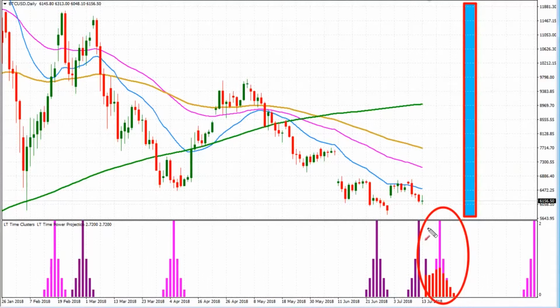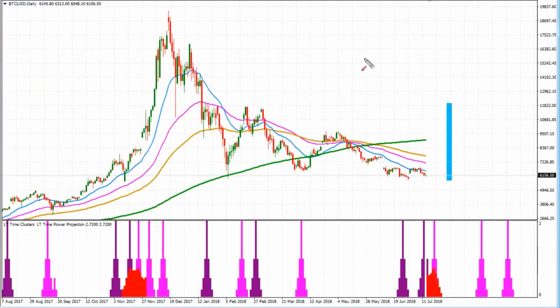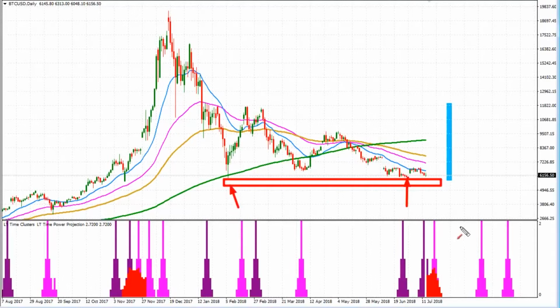Again, as I mentioned, these indicators are non-directional, but you can certainly use them to find some kind of direction. We know, for example, that we are at a major support level. We are at the February-April lows, these significant lows near the 6,000 level. And guess what? We're approaching time resistance. So now we have two important levels: price support, and also time resistance.